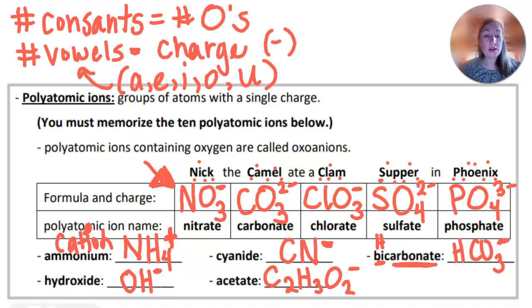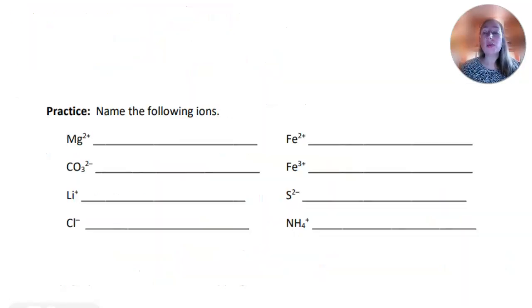Okay, so let's just do a little bit of practice. We're going to practice naming these ions. Why don't you pause and see if you can name the ions. All right, ready to try them with me? Magnesium is a group 2 metal, so we can just call it magnesium.